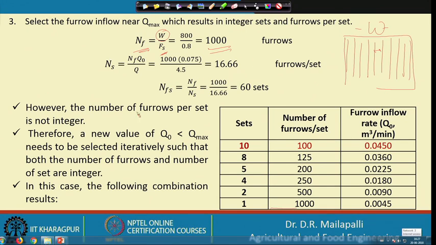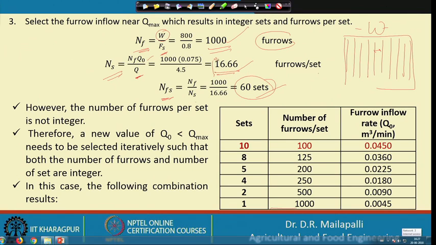So, it requires 1000 furrows, and the number of sets is the number of furrows and Q naught divided by total capacity. So, that is 16.66 furrows per set. So, each set will have 16.66 furrows, and the number of sets, total 60 sets. Okay.